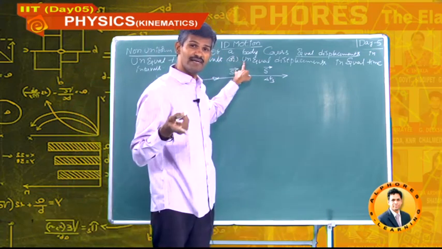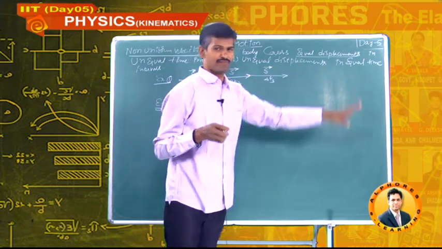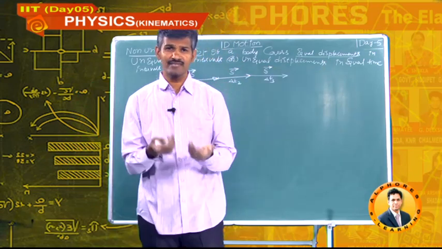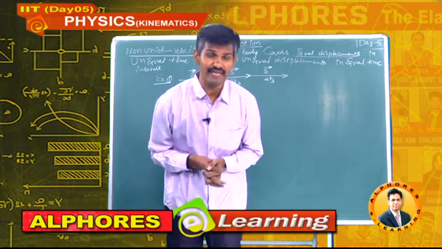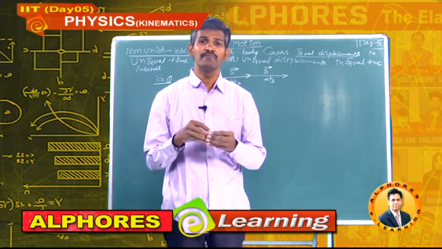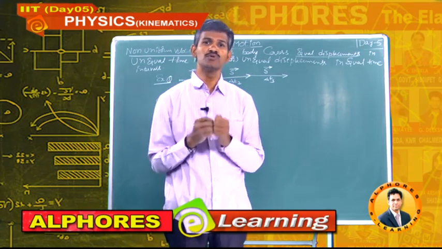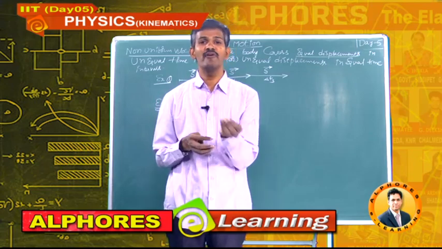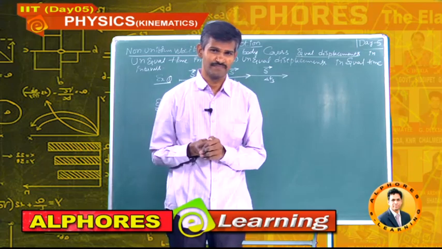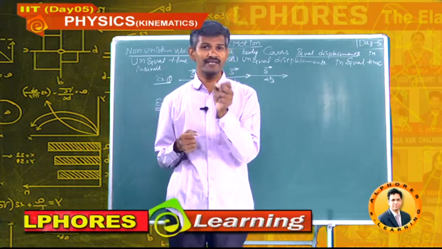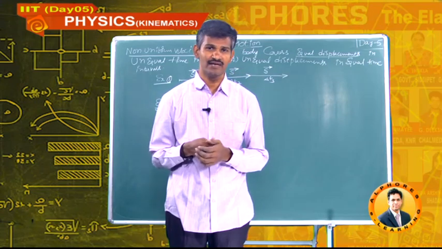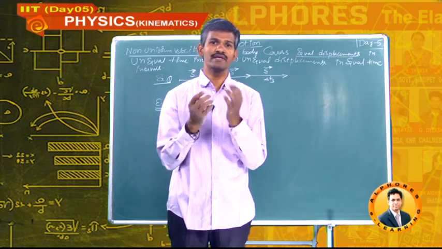Unequal displacements in equal time intervals. Displacement is a vector quantity. Unequal displacements means the body's displacements may differ in magnitude or direction. Why? Because displacement is a vector quantity. So, if you consider magnitude and direction, we can get two examples.